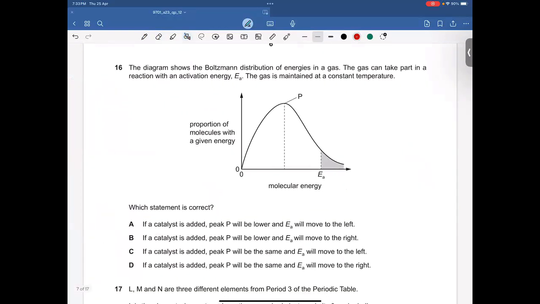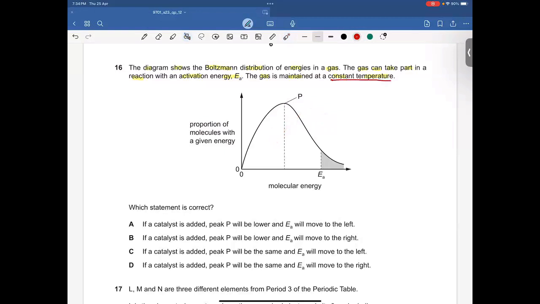Question number 16. The diagram shows the Boltzmann distribution of energies in a gas. The gas can take part in a reaction when an activation energy EA, which is represented here, is reached. The gas is maintained at a constant temperature. If the gas is maintained at constant temperature, then there will be no change in the shape of the graph. The shape of the graph changes when temperature changes.